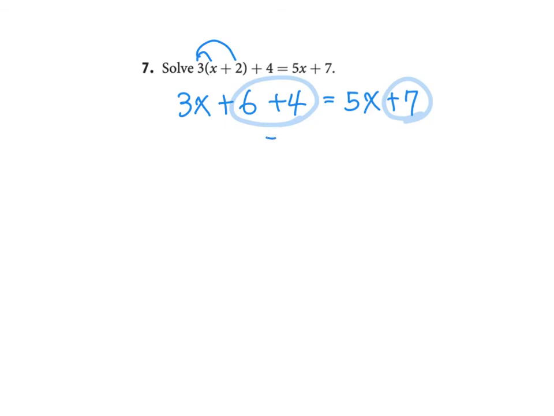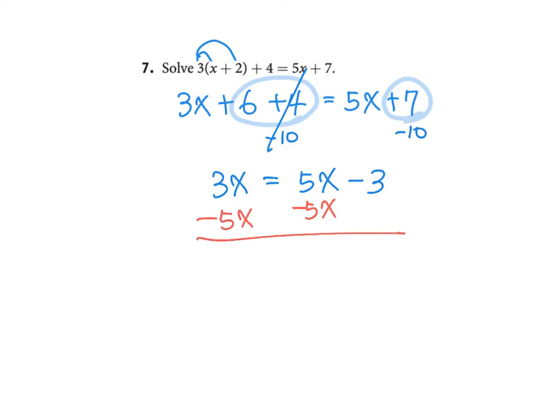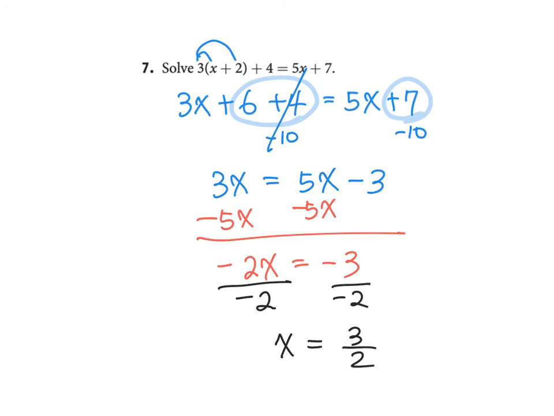So that means I need to subtract 10 on both sides. So 3x equals 5x, and this will cancel, and that will be -3. Now I'm going to move the x part to the left side by subtracting 5x. So that will give -2x equals -3. Now divide by -2, -2. So the final answer: x equals +3 over 2.